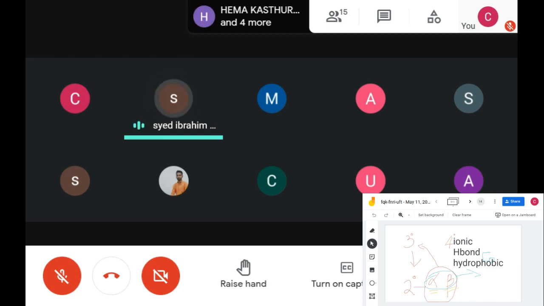These are charged amino acids, polar amino acids. So these amino acids can be involved in the electrostatic interaction. Among these three interactions, the electrostatic interaction is a very strong interaction.